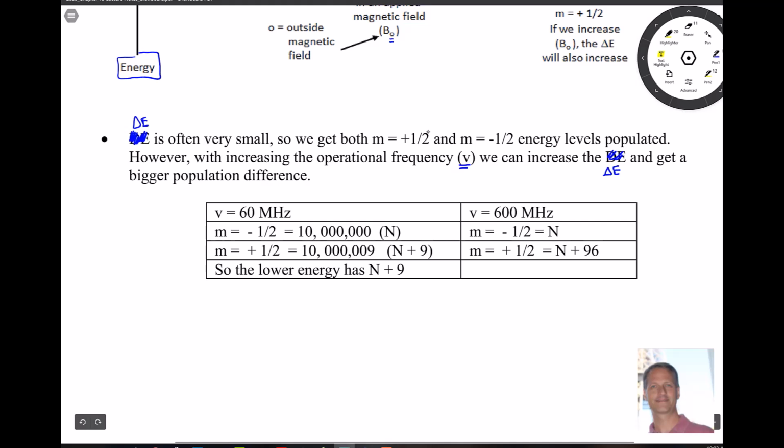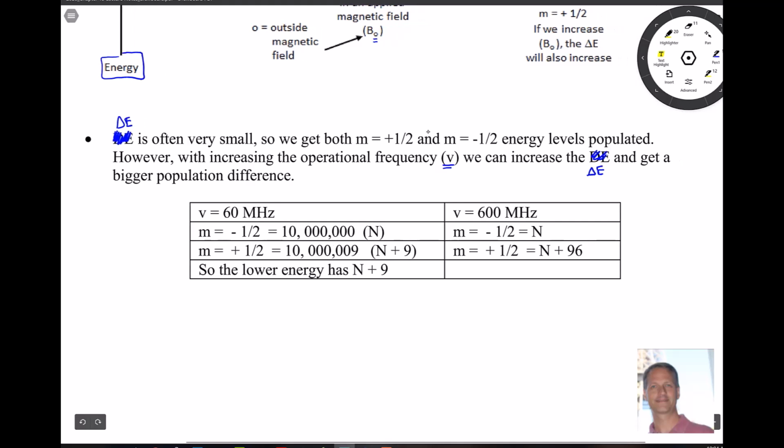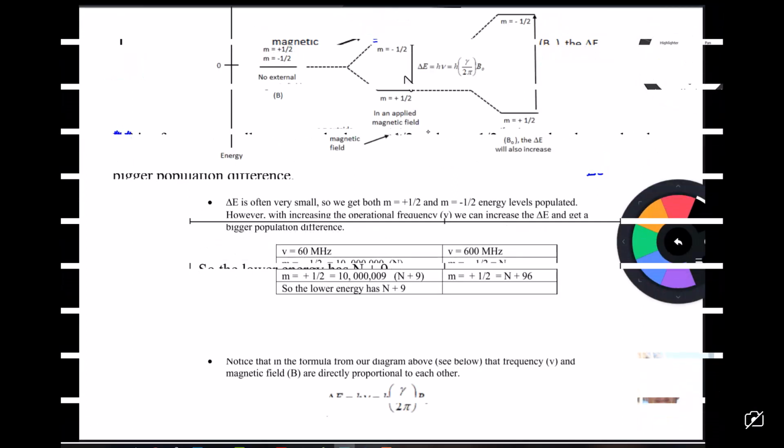That's not a lot, right? It's not a huge difference. Now, if you go up 10 times, up to 600 megahertz, then the upper energy level is N, and the bottom one is N plus 96. So you get 96 extra there. That's nice, but still, it's a very insensitive technique, and we're not seeing a lot of protons move from a lower to a higher energy state.